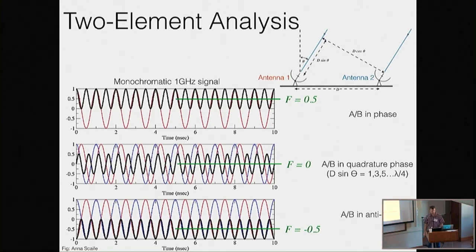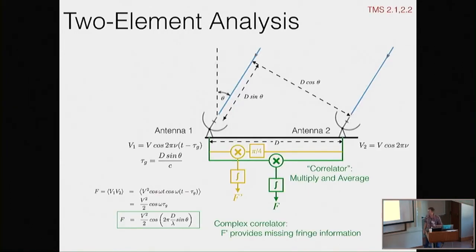This is a bad outcome if it just so happens that there are times that the separation between these two antennas in space means that you don't see anything. That's a bad way to measure what there is on the sky. And so in an actual interferometer, we do create a complex correlator. We take the signal from one antenna and multiply, and this gives us our cosine component of the Fourier transform.